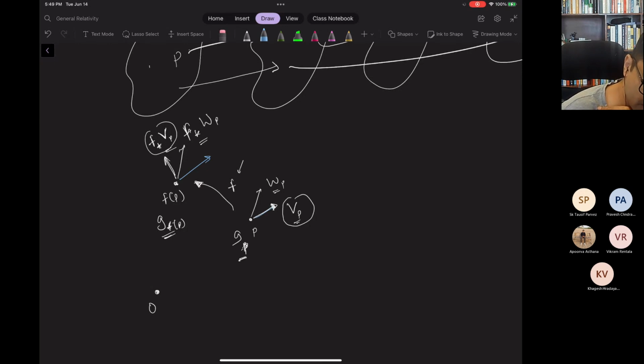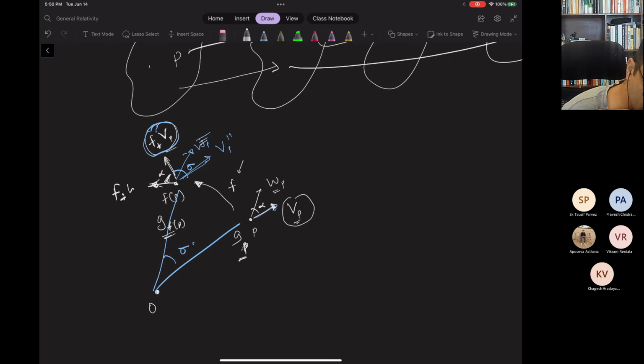This is V_P parallel. And if I parallelly transported W_P, I would get something like this. The claim is that F star V is rotated by the same angle theta that I used to perform this rotation, and F star W is also rotated by the same angle theta. The angle alpha between them will be preserved, and the norms of these vectors will be preserved.